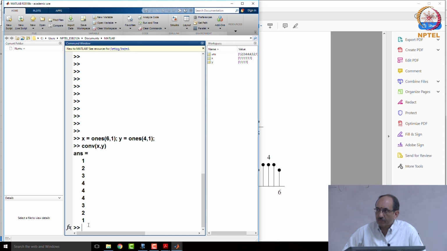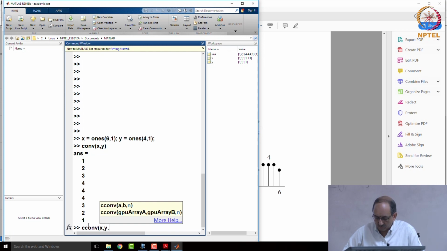So this is expected, and there is another command called cconv, which is the circular convolution counterpart. So x comma y, I also need to specify the period. In the figure that I had shown you, I had assumed the period to be 7. It went from 0 to 6, therefore the periodicity is 7.